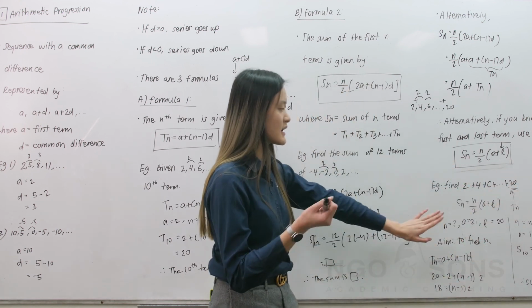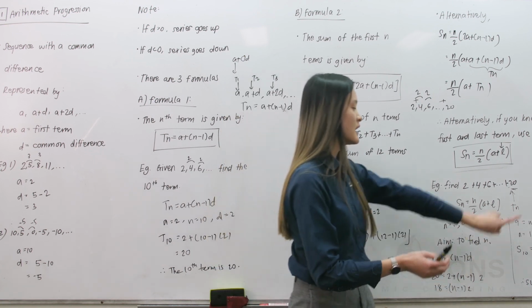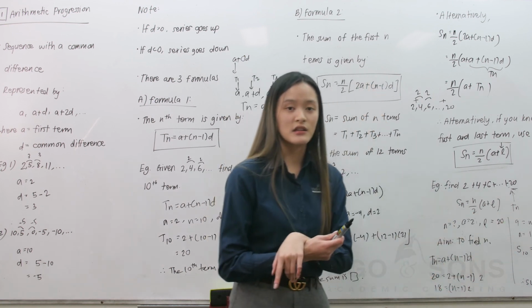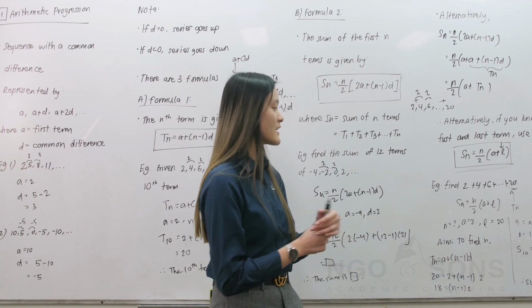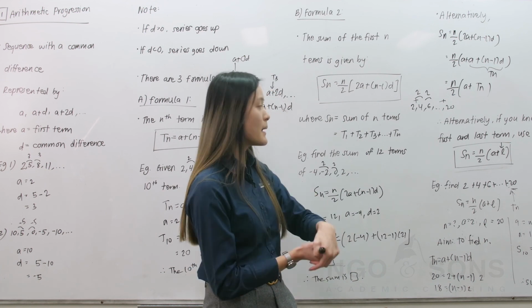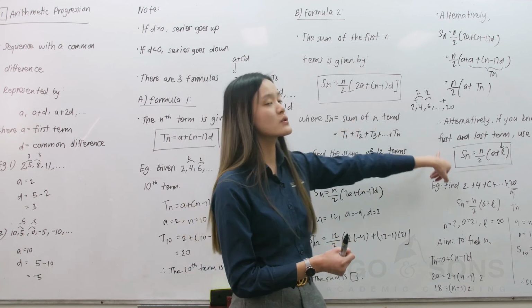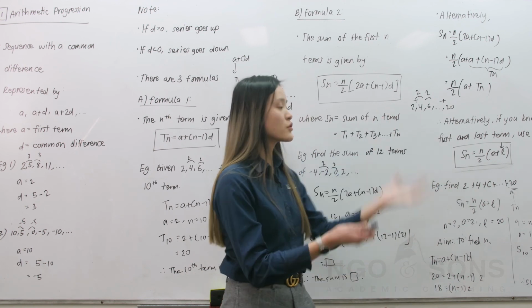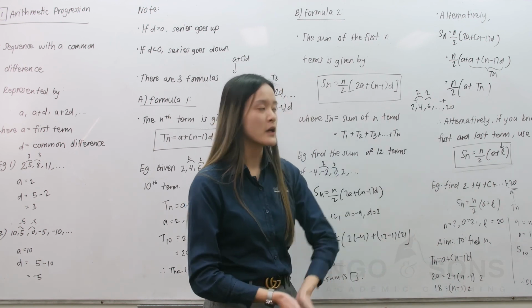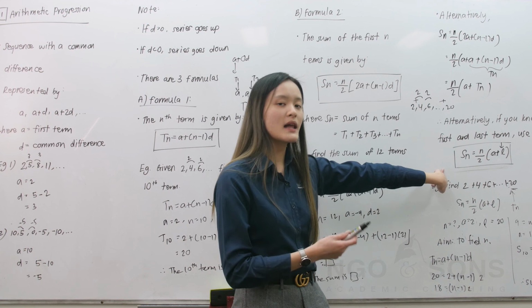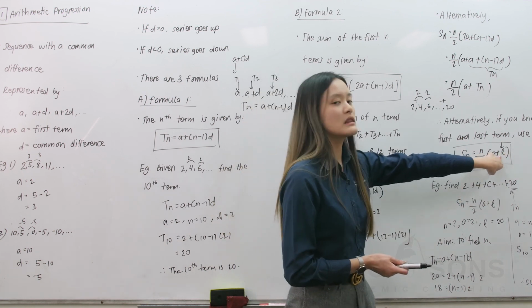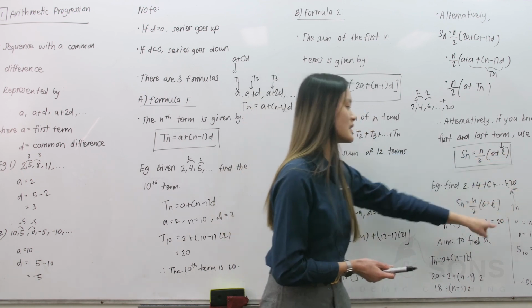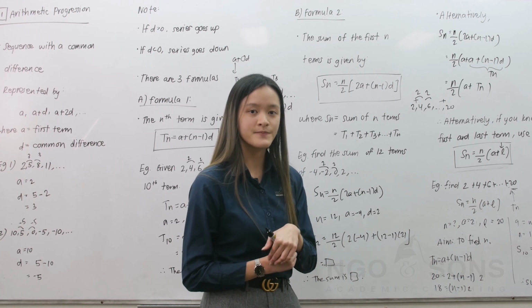So write down the Tn formula, sub everything in, get n, and then you're able to answer your final question, okay? Another thing I want to emphasize is, remember now guys, there's two sum formulas, so just know when to use which one. You only use the second formula, a plus l, when you're given the last term, which is what I did in this question here.